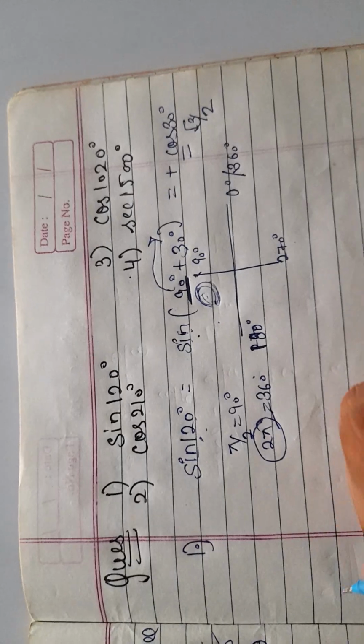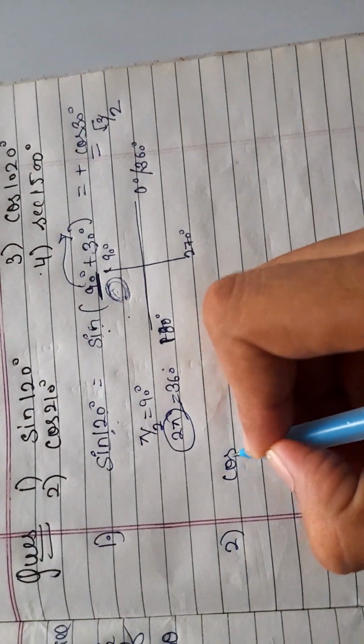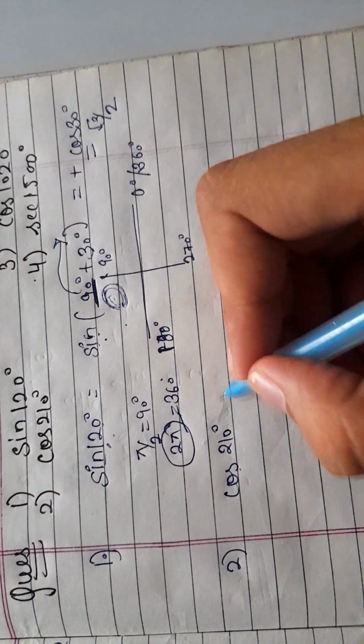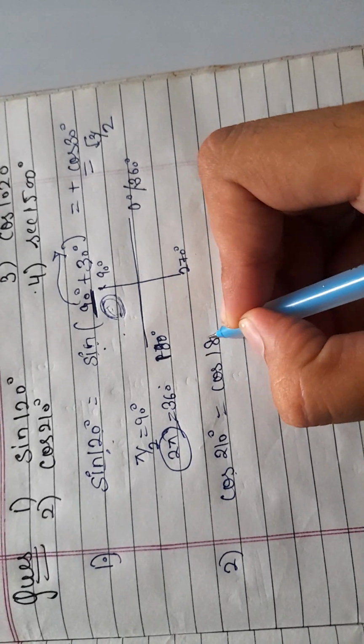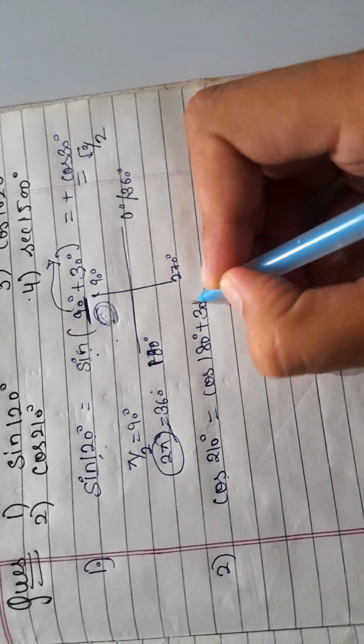After that we will try to solve the second. It is cos 210. We can write it as cos of 180 plus 30.